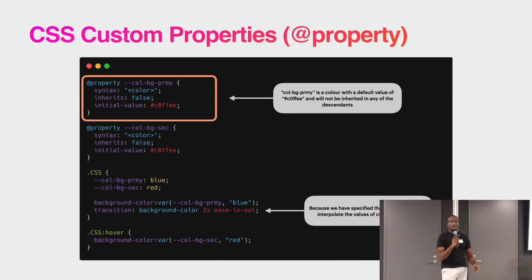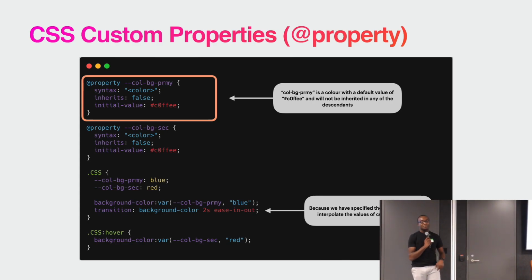But now that we've defined that these are actually colors themselves, specifically the color background primary and the color background secondary, we can actually see here that in this selector with the class of .css, we're defining that the color background primary is going to be blue, the color background secondary is going to be red, and then we're setting the background on the normal state to the color background primary.